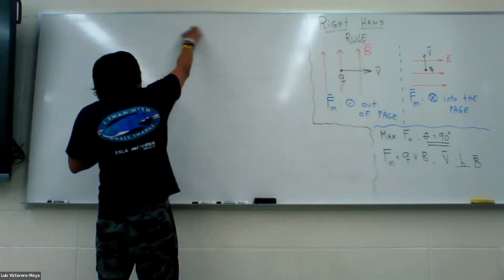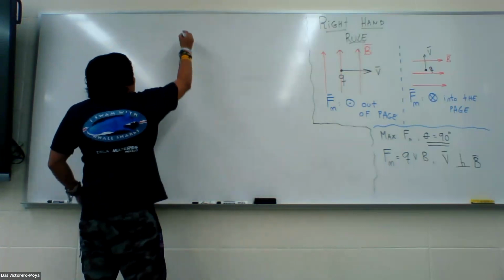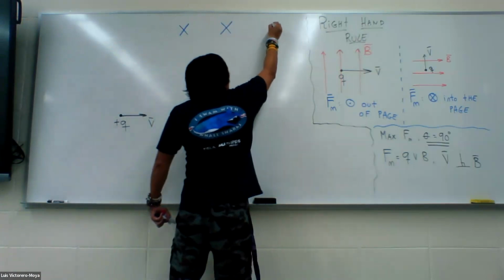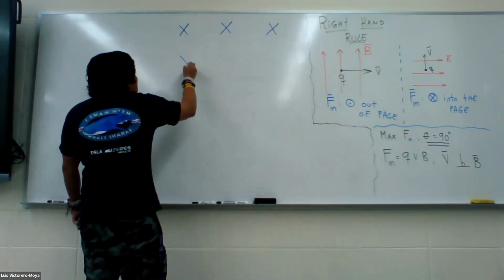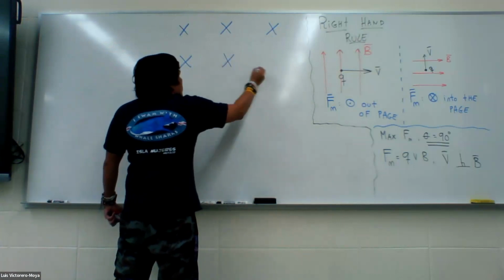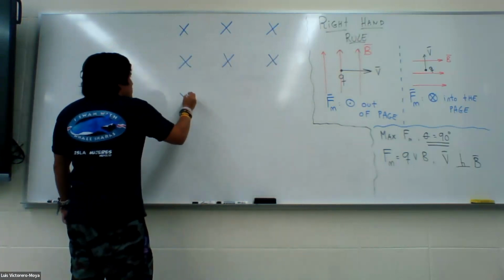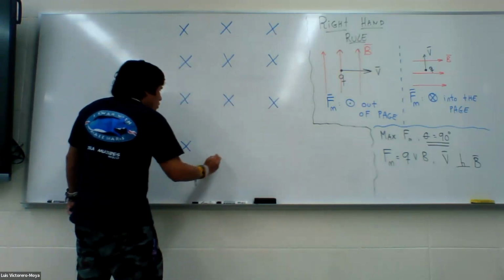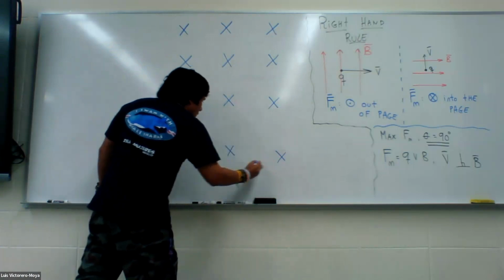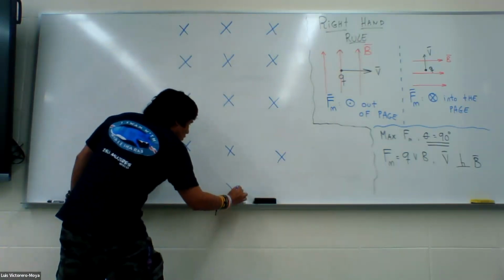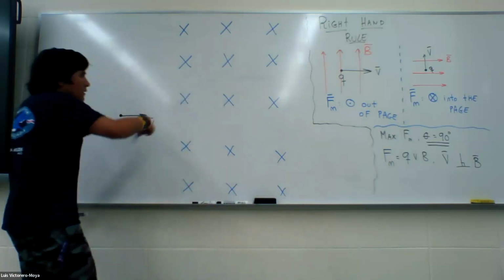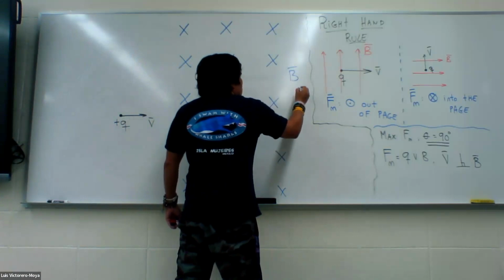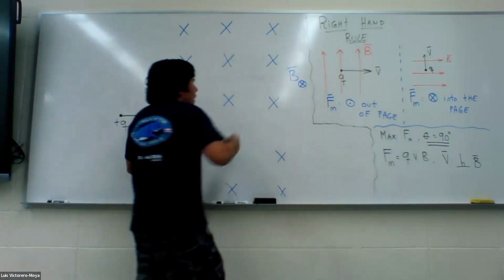Now, the charge is going to enter a region where there is a magnetic field into the page. Notice how I label the magnetic field. These X's are to show you that the magnetic field is into the page in this region. So for now, let's just put here B into the page.